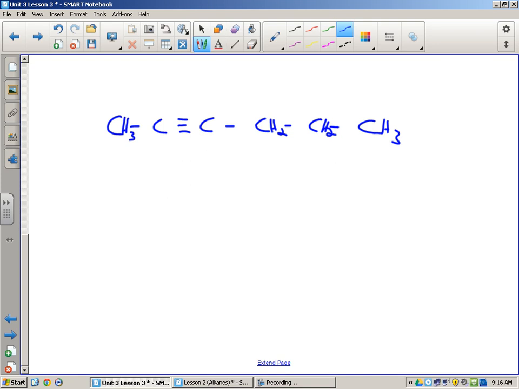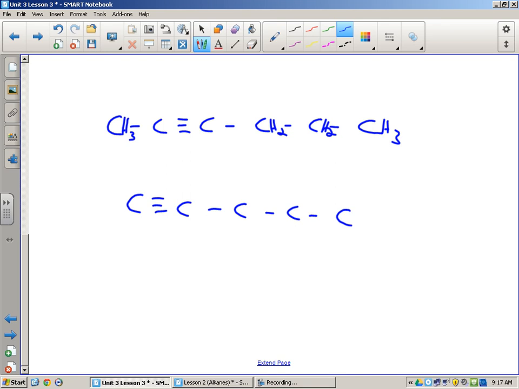Okay. 3-ethylpent-1-yne. Pent is what? 1, 2, 3, 4, 5, 1-yne, okay, so put that in there, and then on the 3rd carbon I have an ethyl. Now remember, you got to get to this as quickly as possible when you name these.